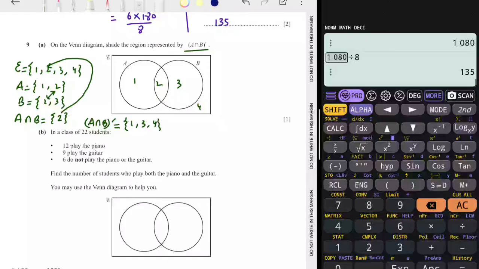So it means that this region would be shaded, this region would be shaded, and the outer one. This would be the answer. Next question.